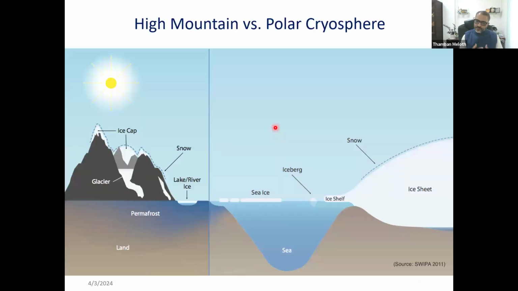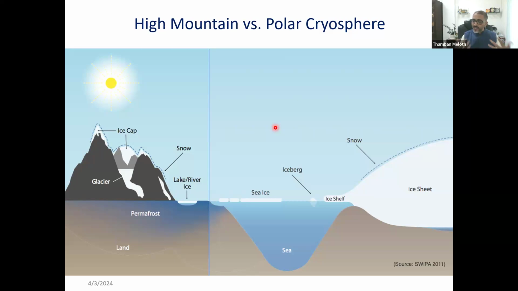However, the difference between the polar and the high mountain cryosphere is that the ice sheet and sea ice are the dominant features in the polar regions. When it comes to the mountain cryosphere, it's the glaciers, most of them valley glaciers, and then you have the permafrost, the permanently frozen land, and in some cases an ice cap over the high mountains, and snow is one of the dominant features.